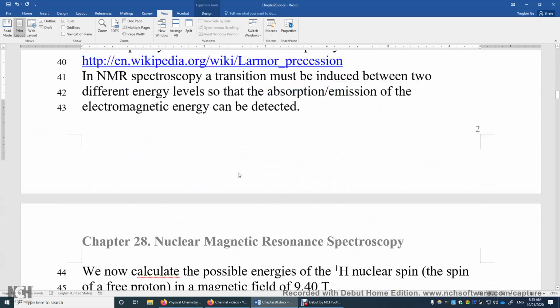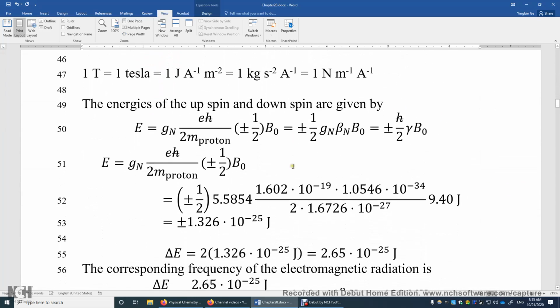Getting back to the equation here, we're going to do some numerical calculations. We just plug in numbers. Plus minus 1/2, and this g factor is the g factor for the hydrogen nucleus. This is the charge of the electron in coulombs, this is h bar in joule seconds, 2 times the mass of the proton, and then we have the magnetic field B0, the strength of the external magnetic field.